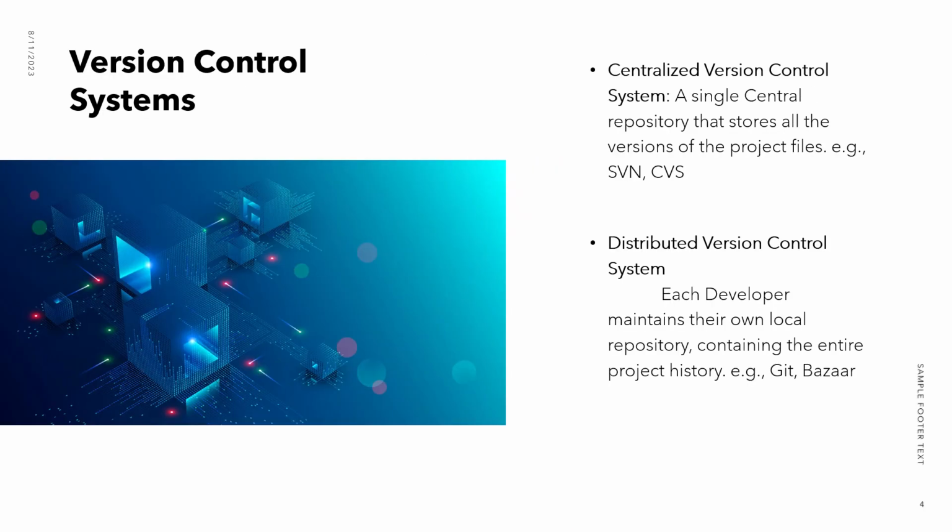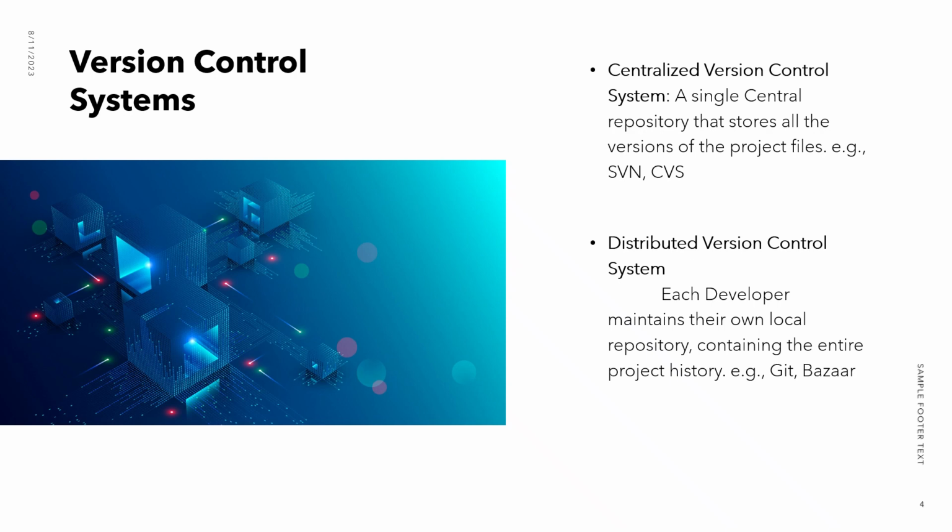And we also have different types of version control systems, but most importantly, the distributed version control system is the one that is currently used by most industries within software development.